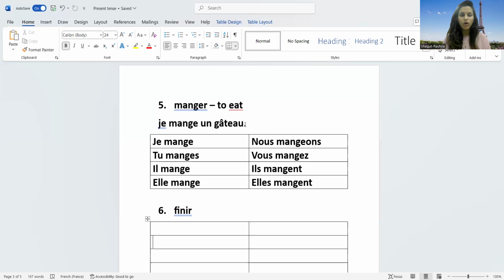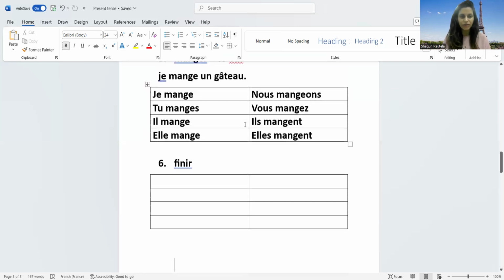Okay, moving on to our 6th one, finir. Finir is to finish. It's an IR verb. How do we do it?